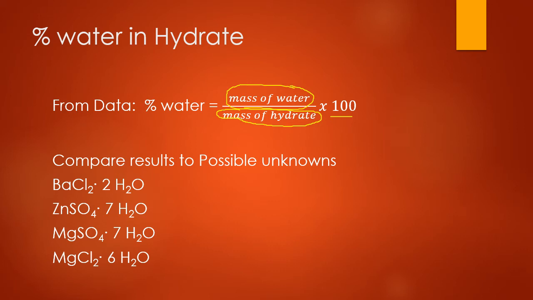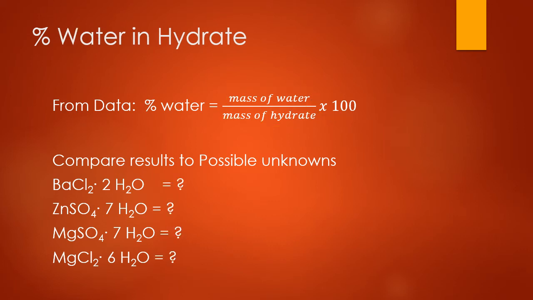These 4 unknowns are barium chloride dihydrate, zinc sulfate heptahydrate, magnesium sulfate heptahydrate, and magnesium chloride hexahydrate. So in order to compare, you need to calculate the percent water for each of those possible unknowns. Because it doesn't give you the percent water of each, you'll need to calculate that before you make your comparison.